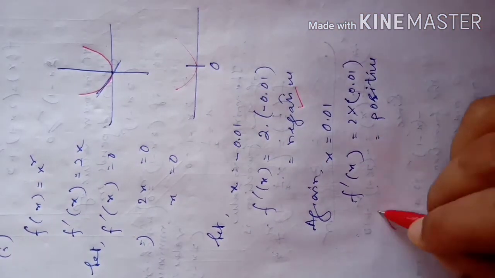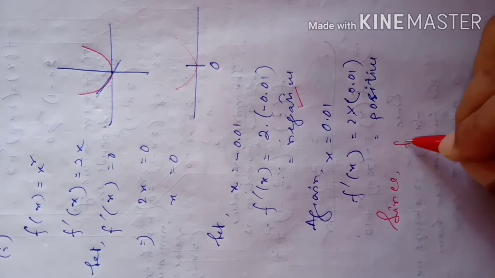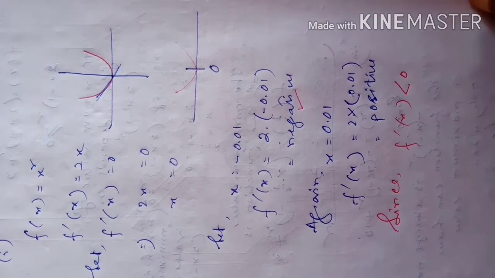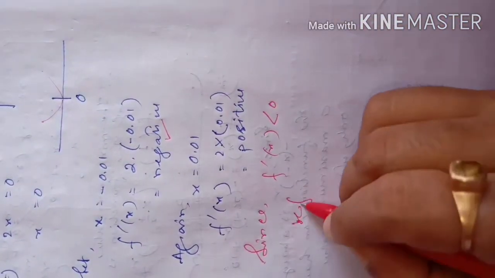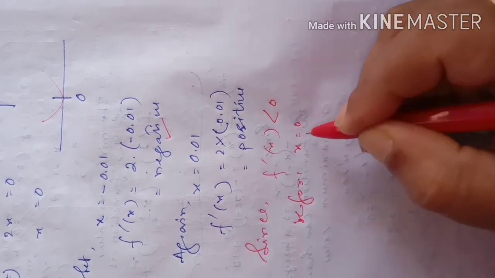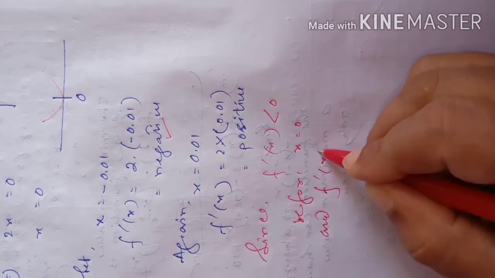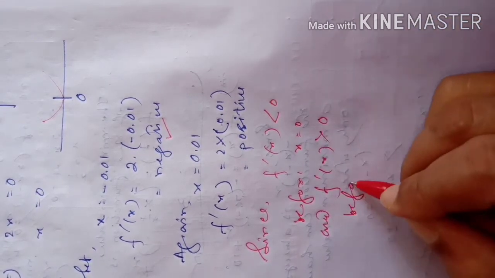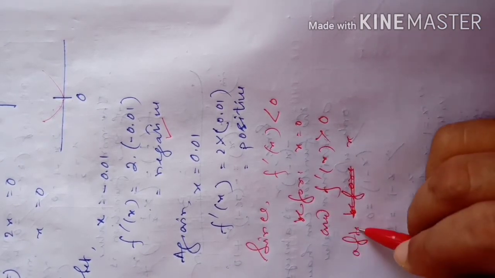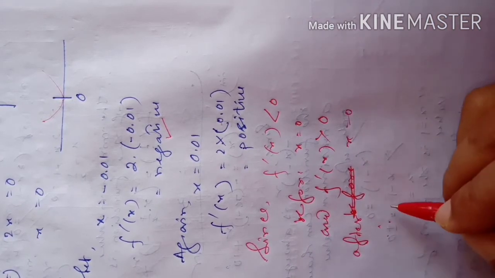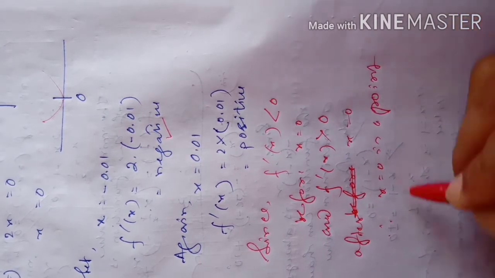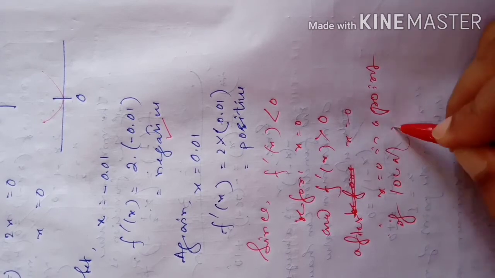Since f dash x is less than 0 before x equal to 0, and f dash x is greater than 0 after x equal to 0, therefore x equal to 0 is a point of local minima.